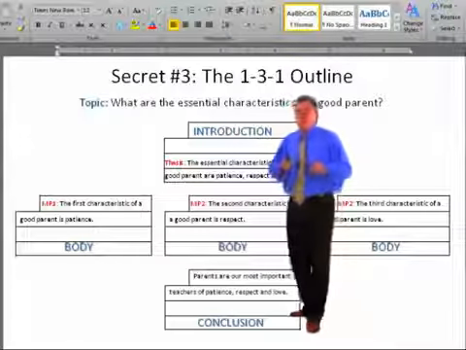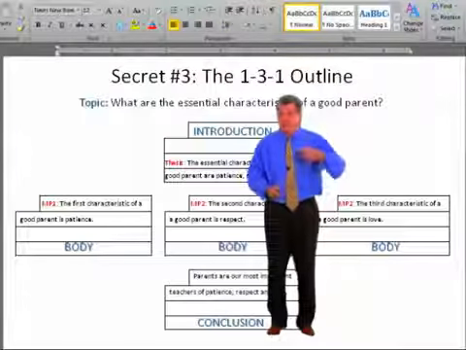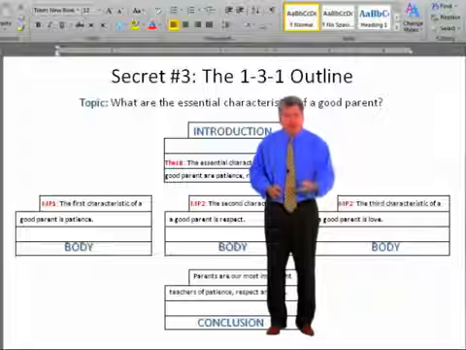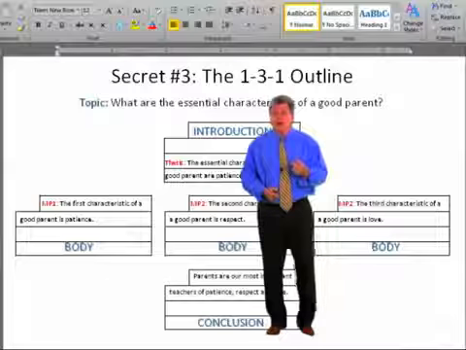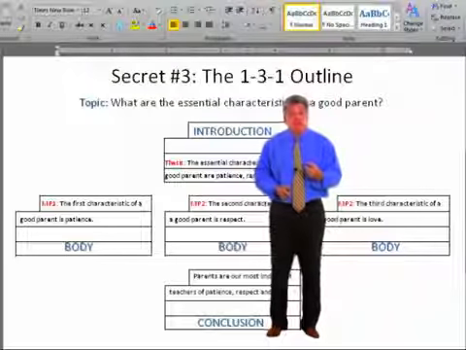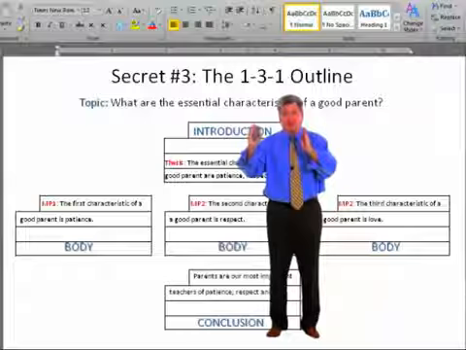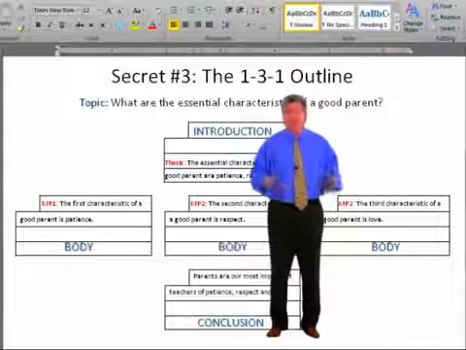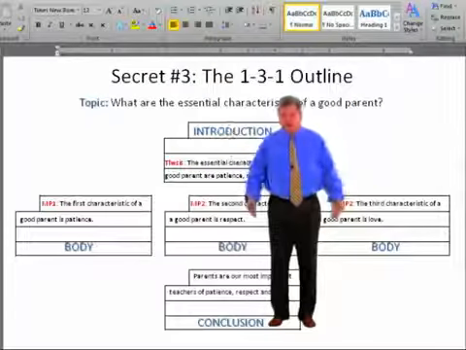So those are the three formulas. The magic of three: always come up with three somethings. Three reasons, three causes, three effects, three whatevers. The second formula was to produce that thesis statement: combine your topic plus your position on that topic into one sentence, and it's your thesis sentence. And then the last formula, you see, the 1-3-1 outline.